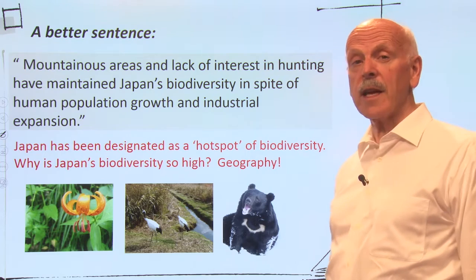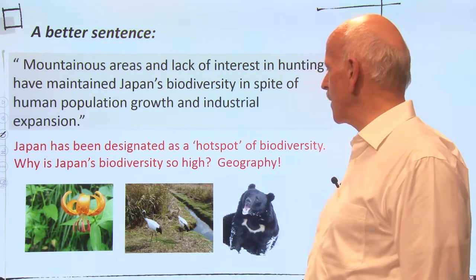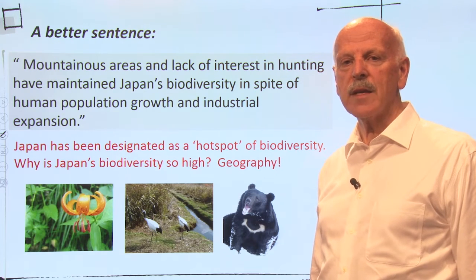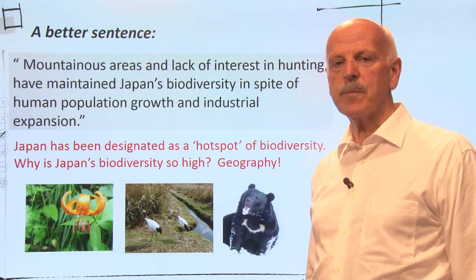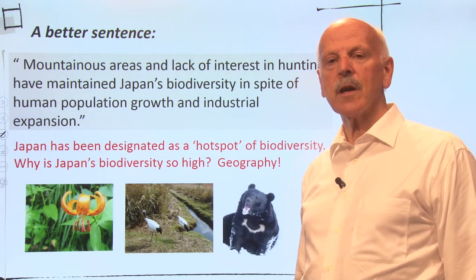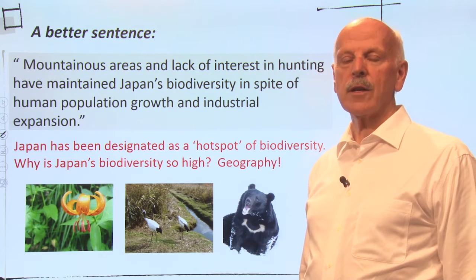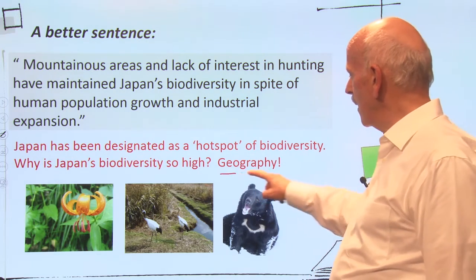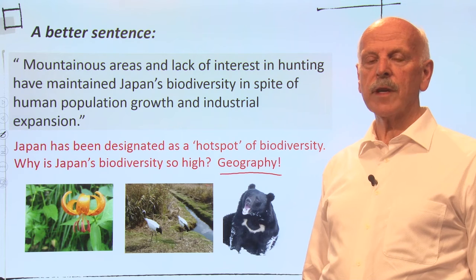Japan's been designated as a hotspot of biodiversity. And what does this mean? It means that Japan has a very high number of species relative to areas of similar location. And the reason for that is geography.